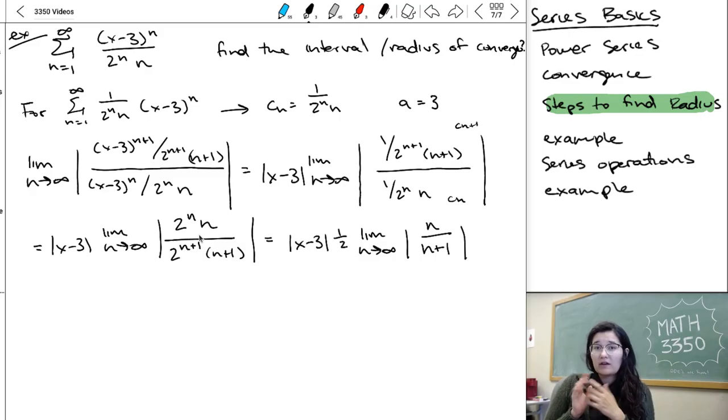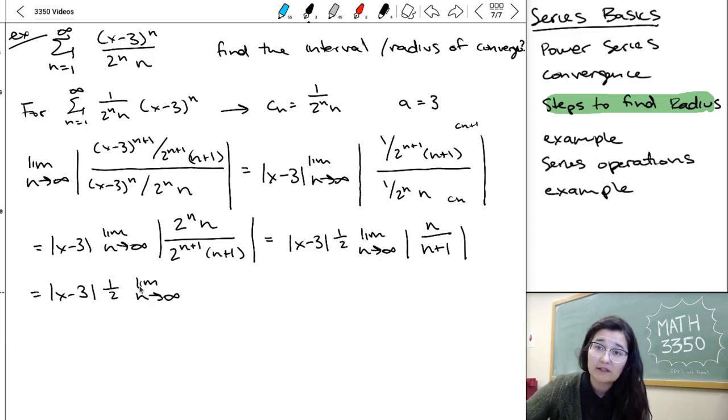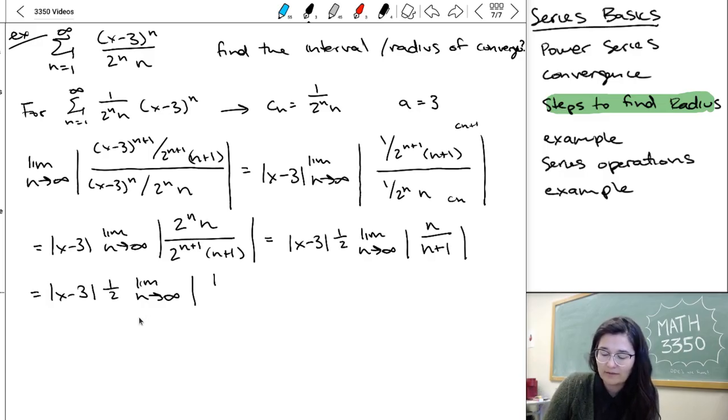And then if I want to evaluate that limit, I've got, as n goes to infinity, infinity over infinity plus 1. That's just infinity over infinity. I don't really know what that is. So I would have to go ahead and use L'Hopital's rule. I take derivative of top, derivative of bottom. And remember, I take derivative with respect to the thing I'm taking the limit of. That's n. So on top, derivative of n with respect to n is 1.